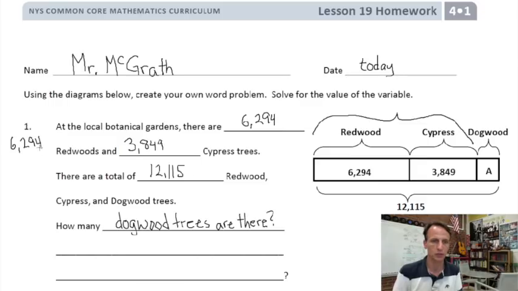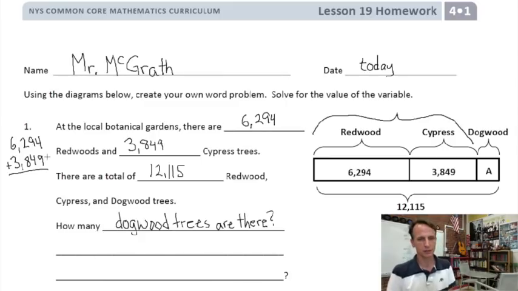All right, so it's 6,294 redwoods and 3,849 cypress trees. If I put those together, okay, 4 and 9 make 13. We group that 1. See a pattern here, 1 and 9 make 10. 4 more is 14.